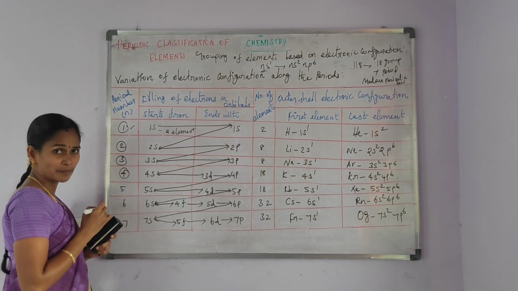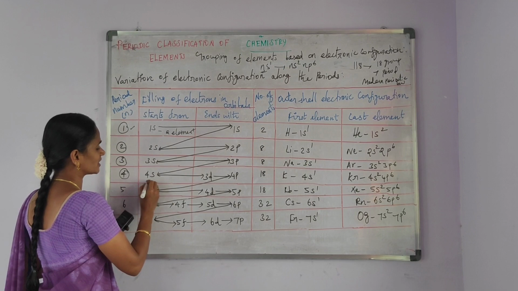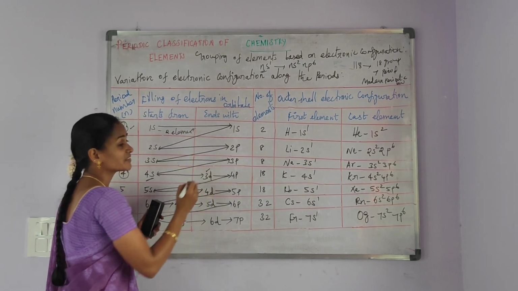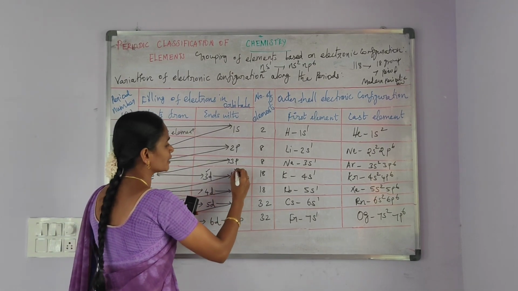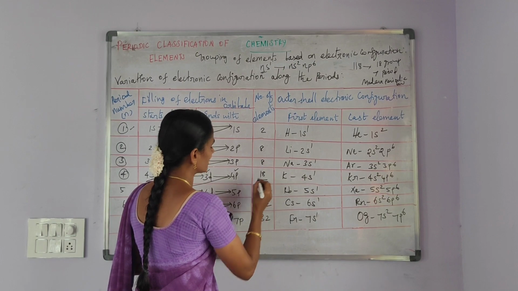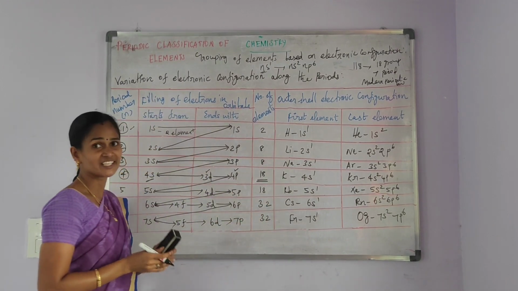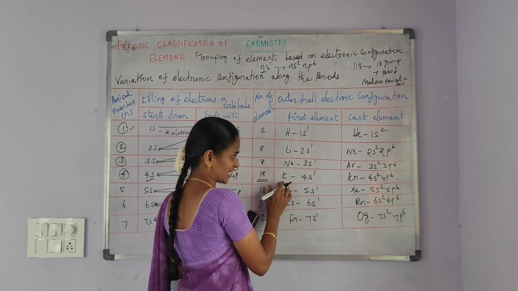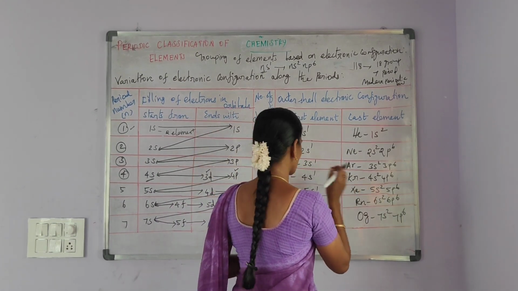And then fourth period, filling of electrons starts from the 4s orbital followed by the 3d orbital and then the 4p orbital. So, the number of elements present in the fourth period is 18. The period starts from potassium and ends with krypton.